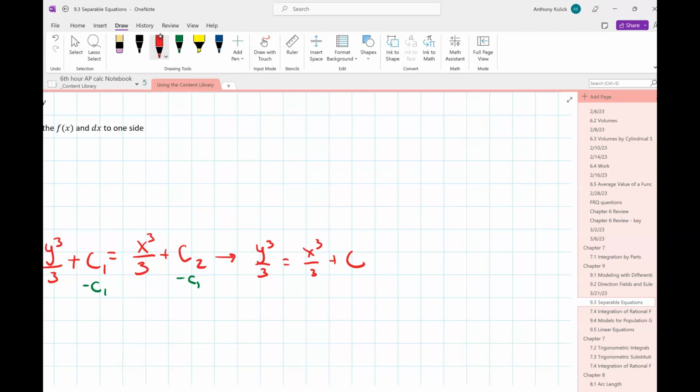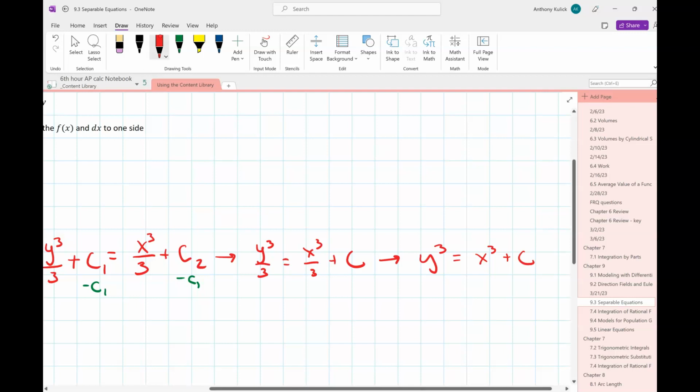Now, typically we want to write our solution as y equals when possible. Certainly in this case that would be possible. So to get the y by itself, I'd multiply both sides by 3. 3 times a constant is still just a constant, so I'm just going to leave it as c.